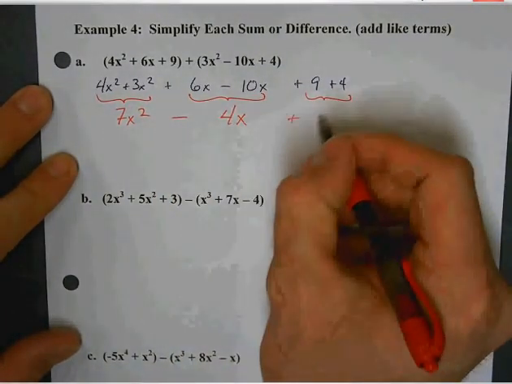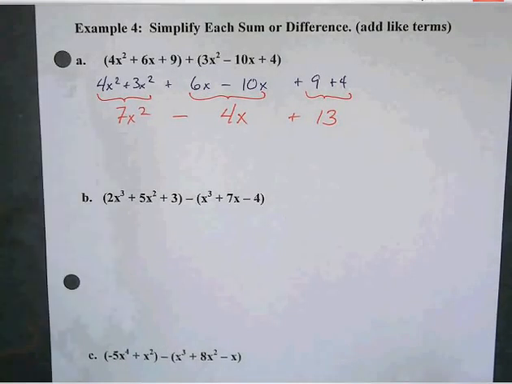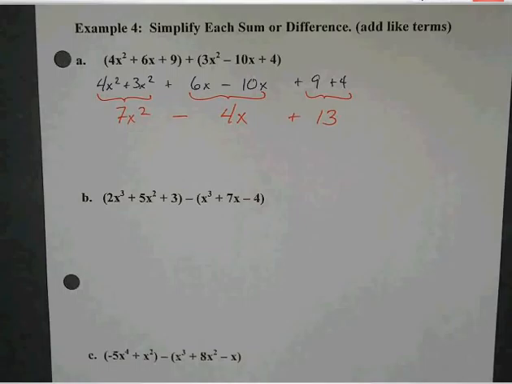And then lastly, 9 plus 4 is 13. Reviewing, how many terms do we have? So what's that called? 3-term thing. It's called a trinomial. What's the degree of my trinomial? 2, because the highest one is 7x squared. So the degree is 2, and it's a trinomial.